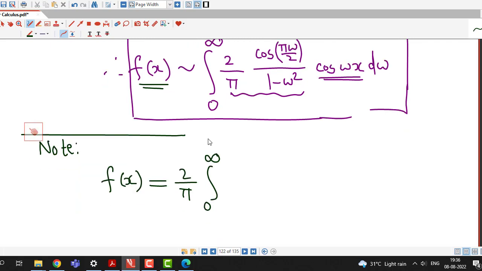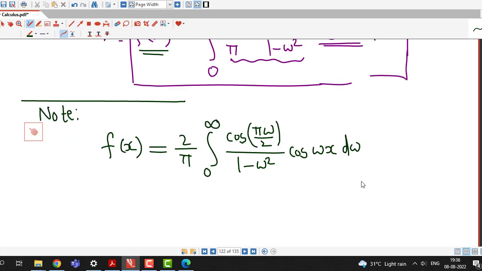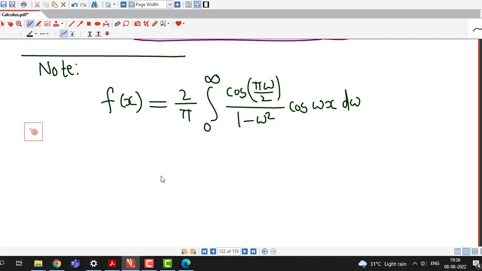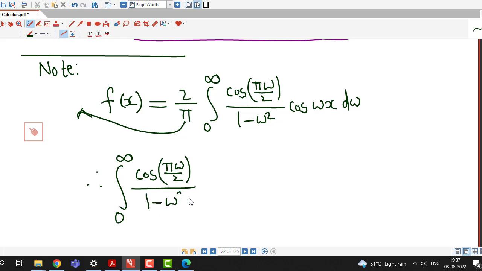So I will obtain f(x) equal to 2/π ∫ cos(πω/2) / (1 − ω²) cos(ωx) dω. If I take 2/π on this side, I will obtain the integral from 0 to infinity of cos(πω/2) divided by (1 − ω²) times cos(ωx) dω equal to π/2 times f(x).